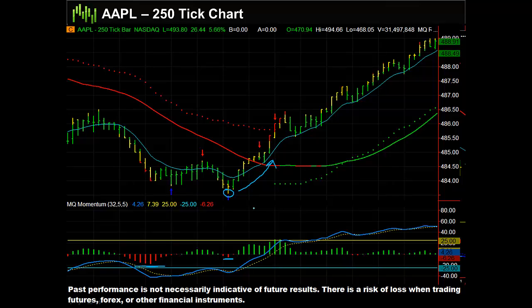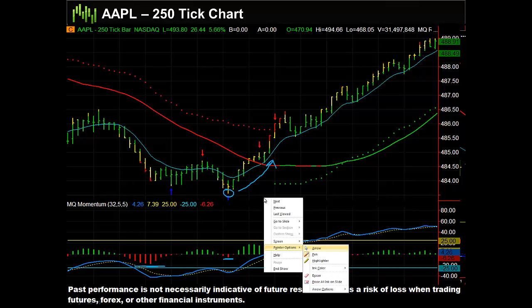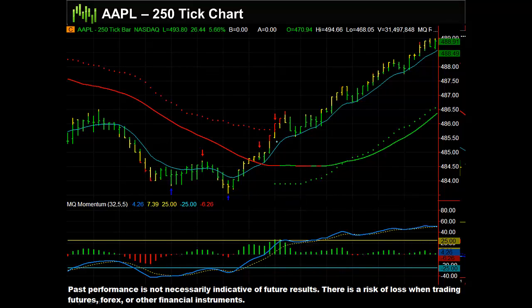Okay, Naga, let me repeat it again. This is the type of trade we call a price momentum divergence. When we see prices go down, come back up, and go lower, we expect momentum to go lower too.